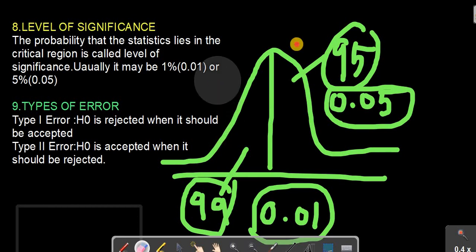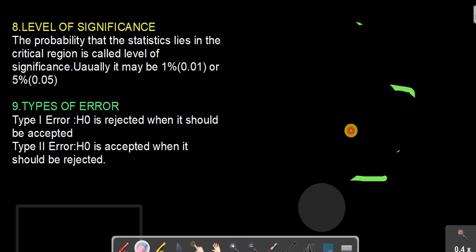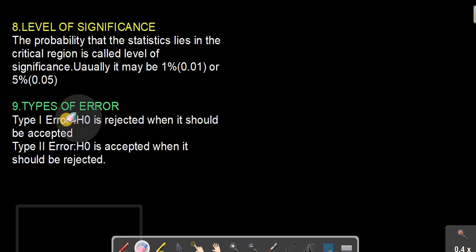Now the next one is types of error. There are two types of error. The first one is that H0 is rejected when it should be accepted.